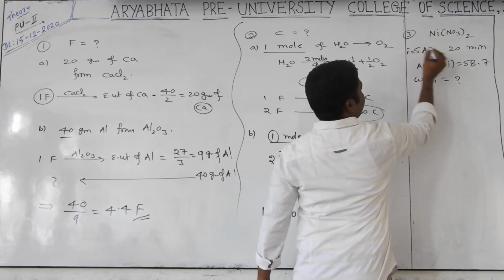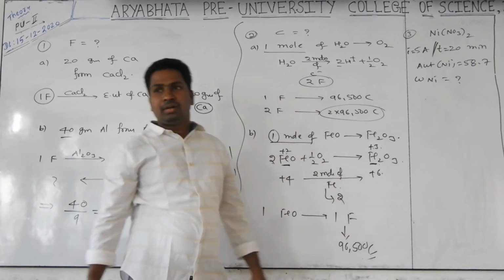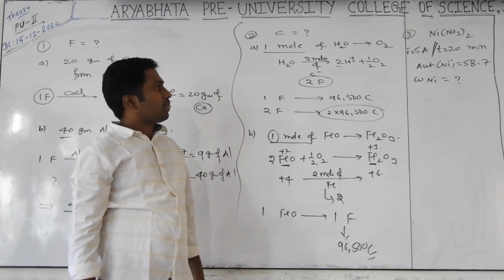Current I is 5 amperes. Time t is 20 minutes. Don't make simple mistakes. Carefully observe and do the workout.